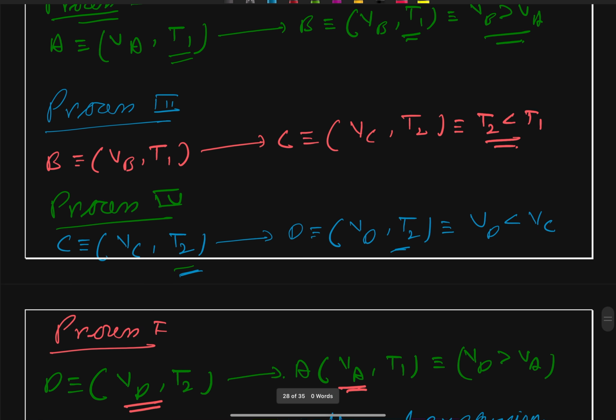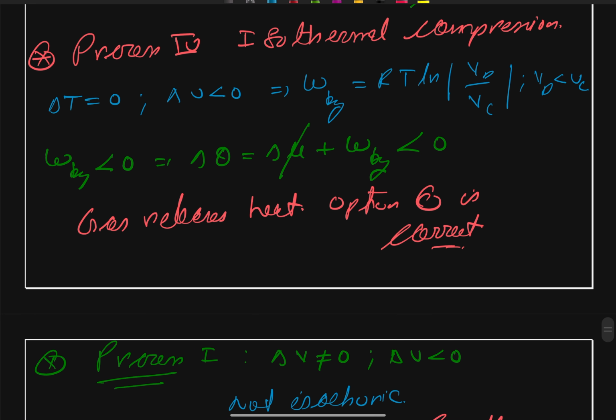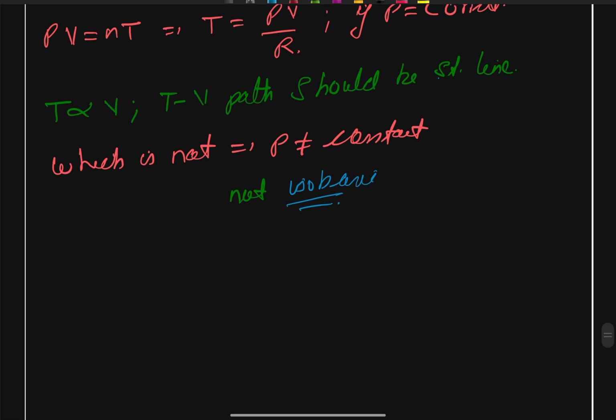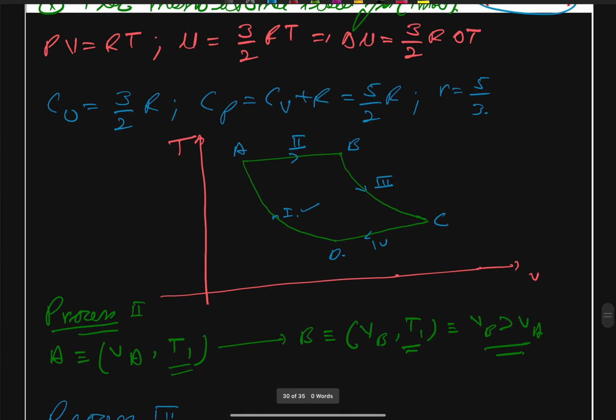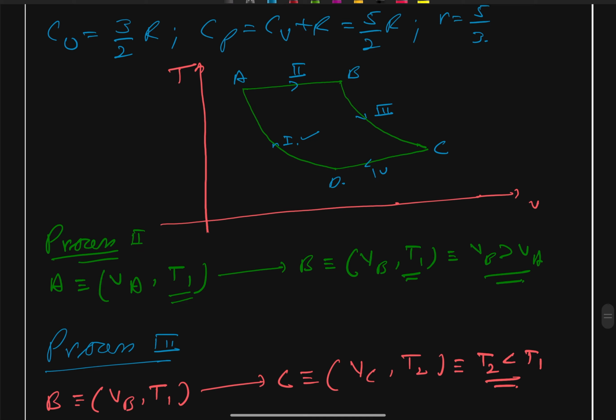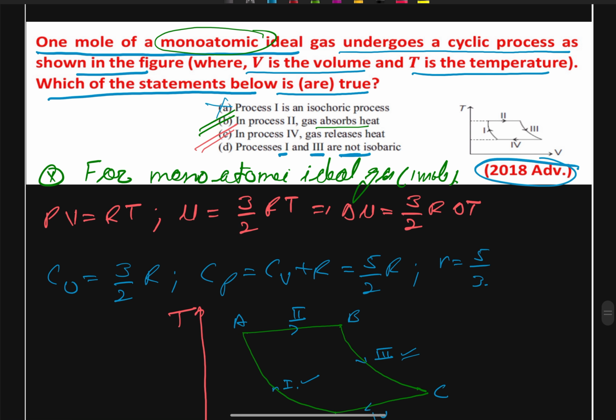And for process 3, the same condition applies, because here also this graph is not a straight line. So process 3 will be not isobaric. Therefore we can say that option D is also correct.